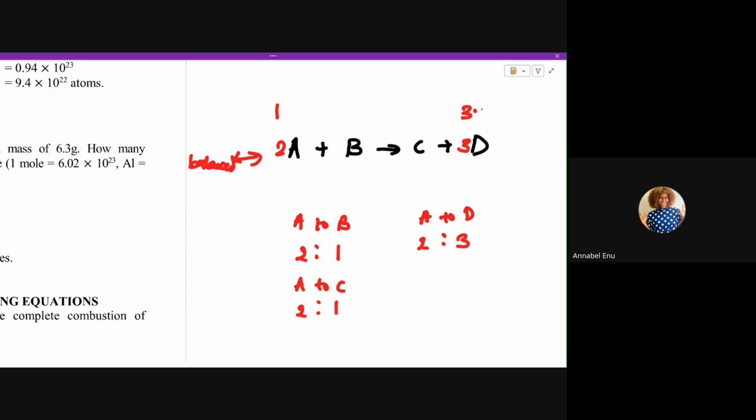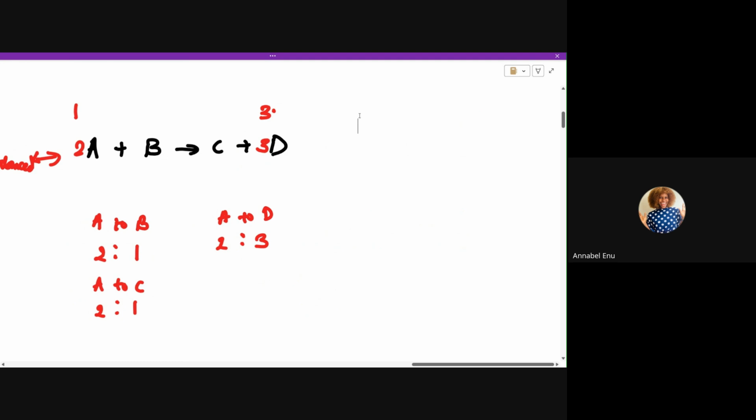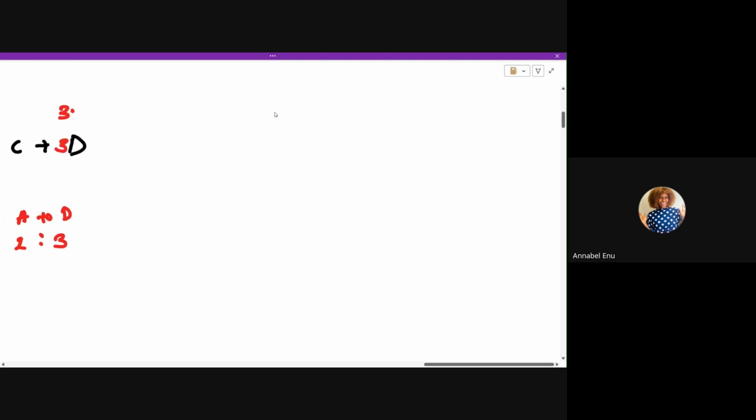So now let me give you some formulas that you have to take note of if you want to solve questions on stoichiometry. If you are solving things on stoichiometry that are not determining empirical or molecular formulas, you would require these formulas.